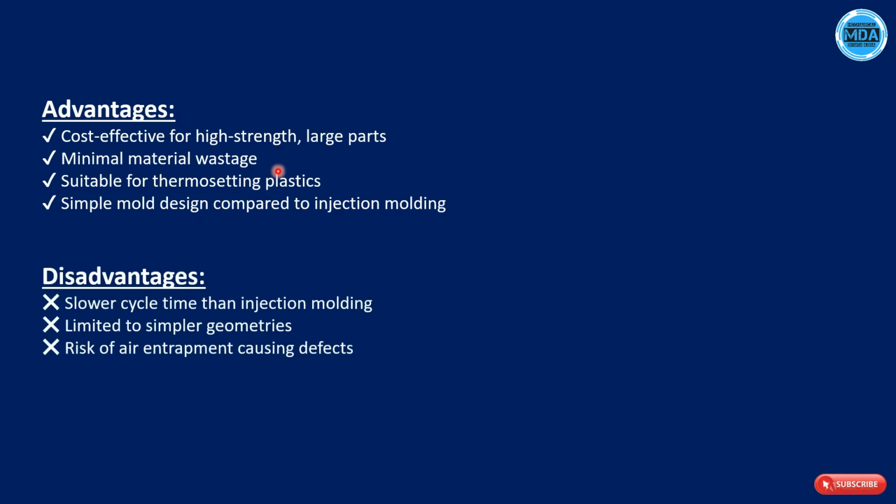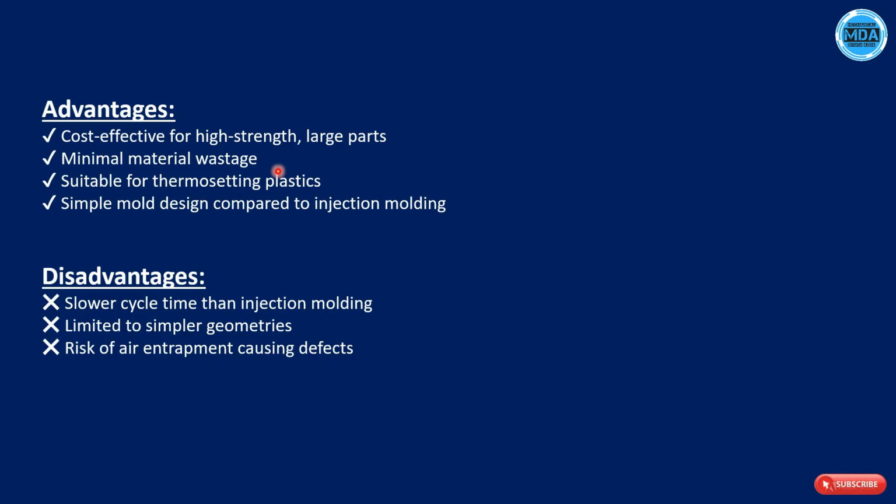The disadvantage is that it has a slower cycle time than injection molding. Injection molding is completely automatic and a very fast process. Compared to that, compression molding has a slower cycle time, because we need to pack the complete charge, while in injection molding the material filling the cavity is very quick.